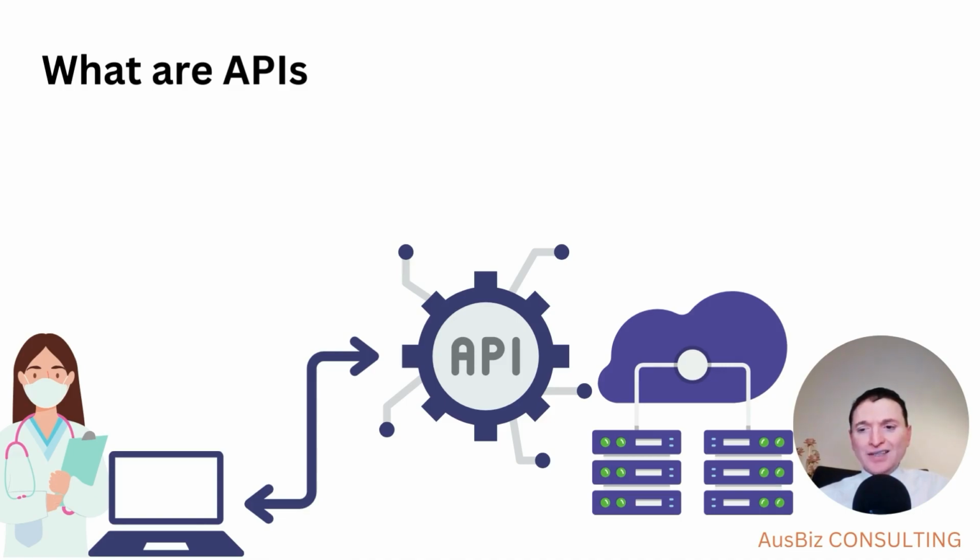Think of it as a translator or a messenger that allows two applications to talk to each other in a standardized way. APIs are vital in building integrated systems that are efficient, secure, and scalable.